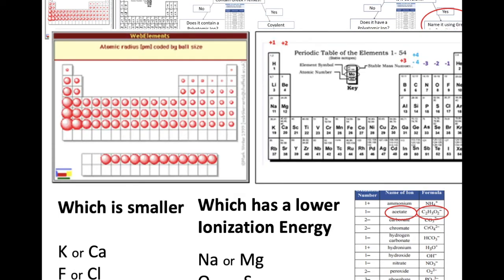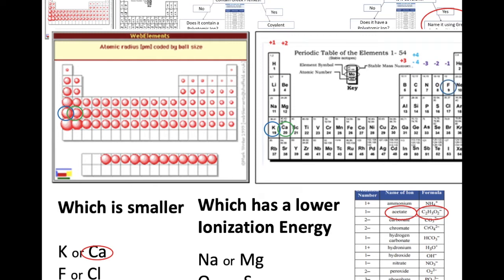All right, lastly, we need to review some of our atomic radius and ionization energies. So if you're looking at these two examples and you're trying to figure out which is smaller, potassium or calcium, well, potassium's here and calcium is right next to it, which means since potassium is further over to the left on the periodic table, that must mean that calcium is smaller, potassium is bigger.